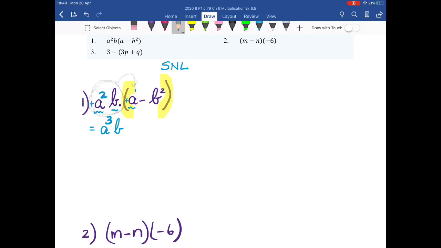Now I'm going to multiply that. So over here we had a squared b, and I'm going to multiply that with the last term. So the first thing I do is signs. A positive multiplied by a negative is negative.